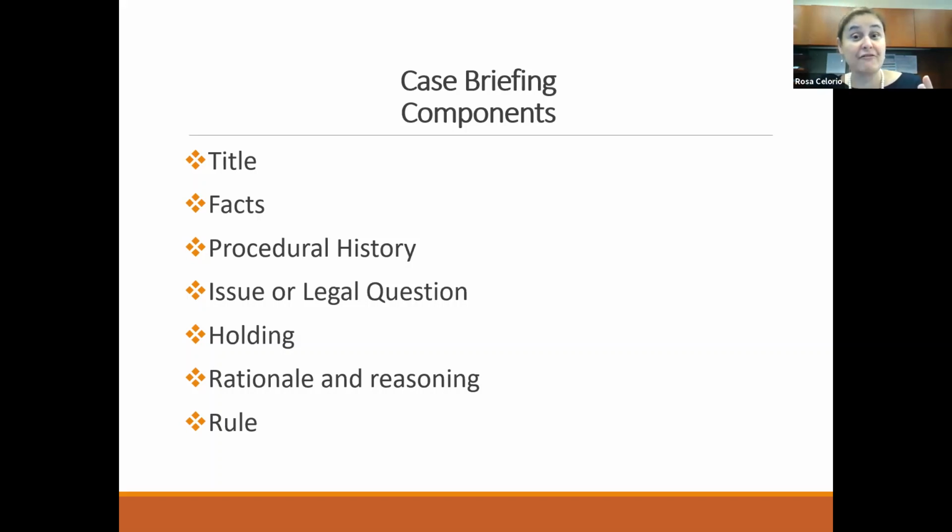The holding, which is that final decision of the case, and the rationale and reasoning, which is probably the most important part of the case. Sometimes the most important part of the case is not the way it was decided, it's the way the court got there, the process that the court used to decide it, and the rule. I say that this is probably also the most important part of the case because it's the legal principle.